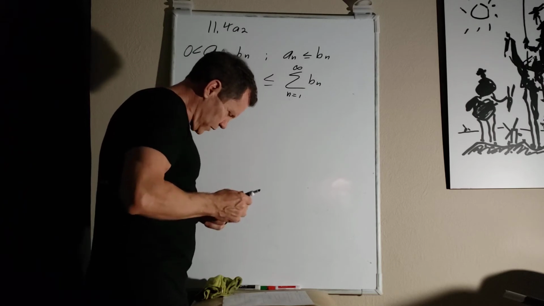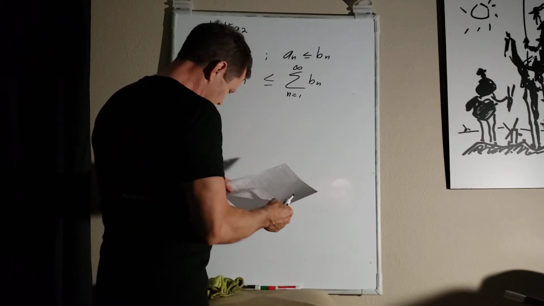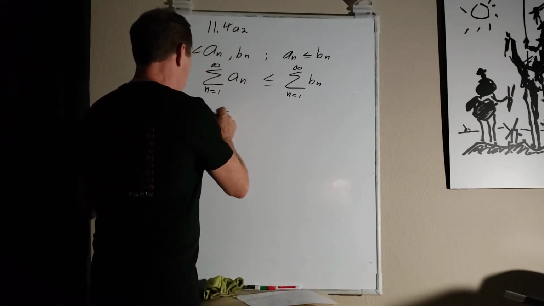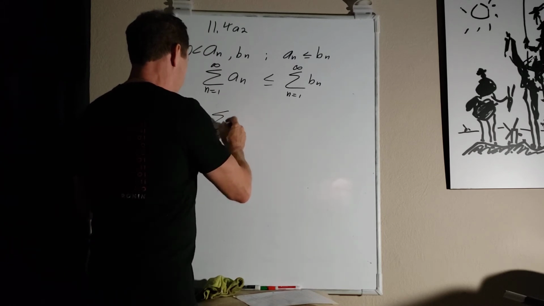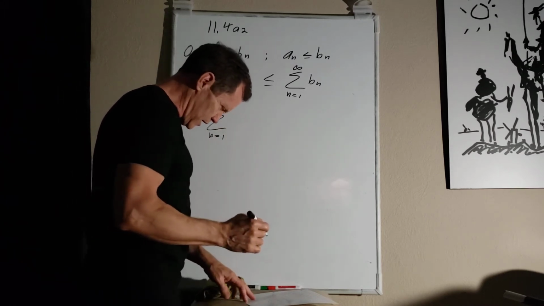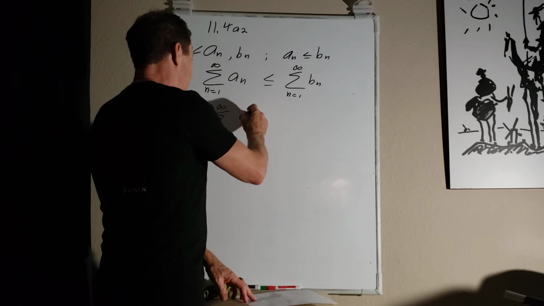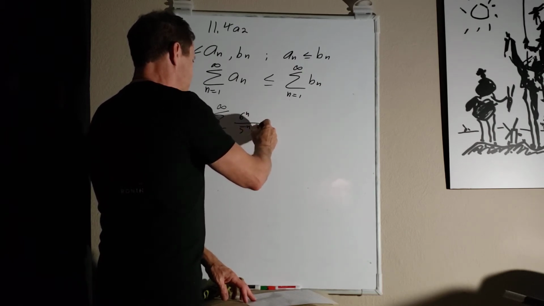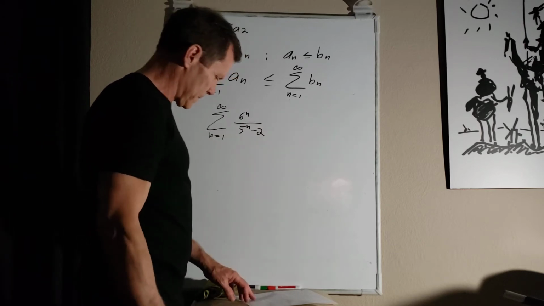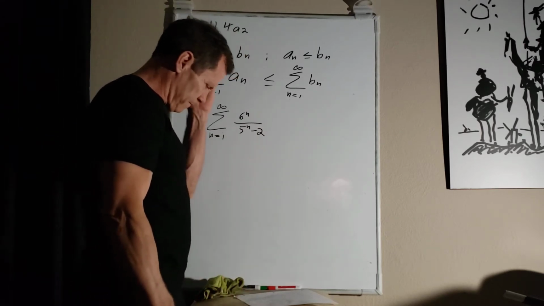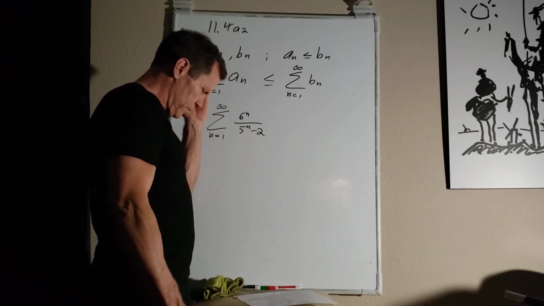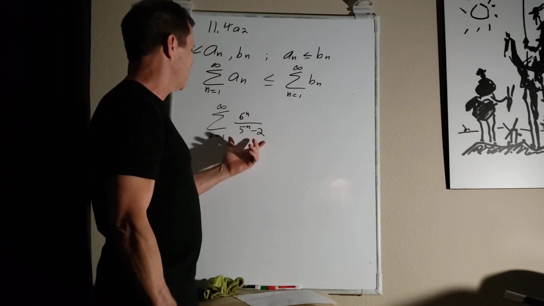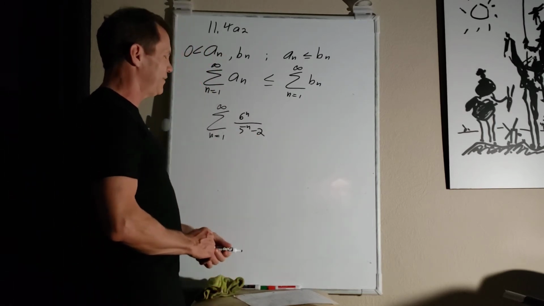Okay, so I picked another problem. We've got the summation n equals 1 to infinity of 6 to the n over 5 to the n minus 2. Okay, look at this. Do you think this is going to converge or diverge? What does it really look like?